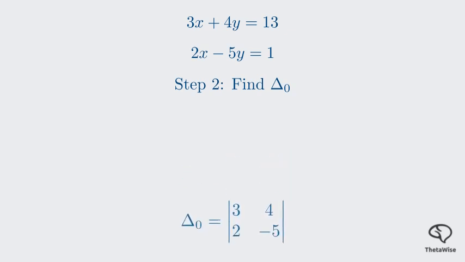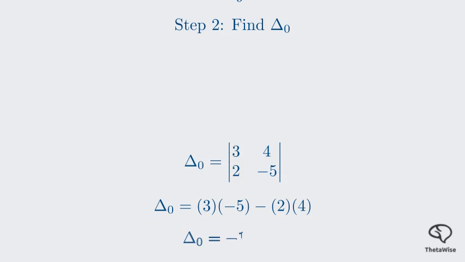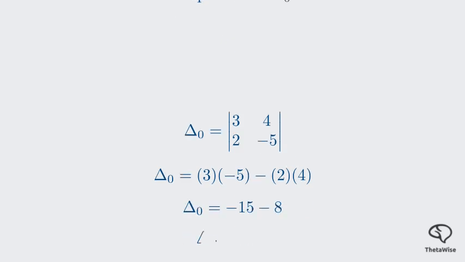The second column will be the y coefficients, 4 and negative 5. Remember the formula for a 2x2 determinant. You multiply the elements on the main diagonal and subtract the product of the elements on the anti-diagonal. So we calculate 3 times negative 5 minus 2 times 4. This gives us negative 15 minus 8, which equals negative 23. So delta sub 0 is negative 23.